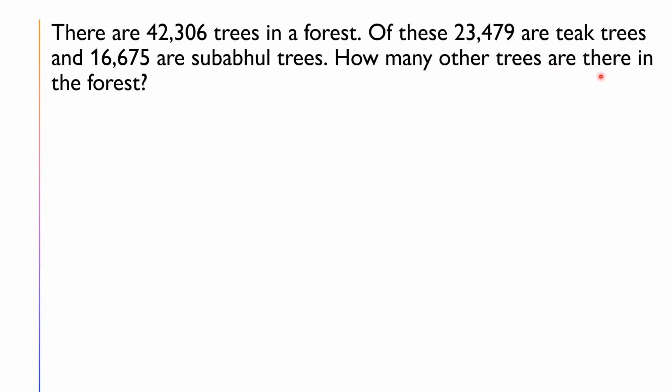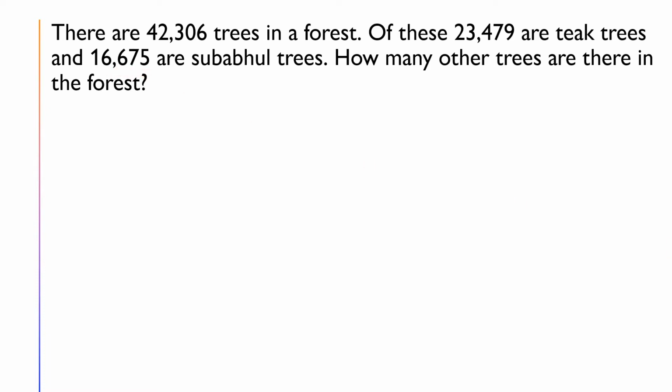So, as we have learned, we will keep the biggest number here. 42,306 is the biggest number in this word problem. So, we will keep this number as it is and we will first add the next two numbers, that is 23,479 and 16,675.